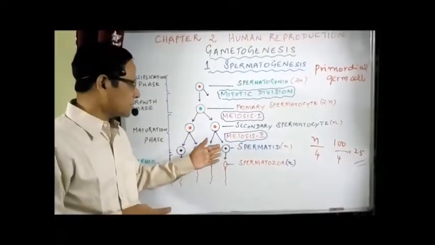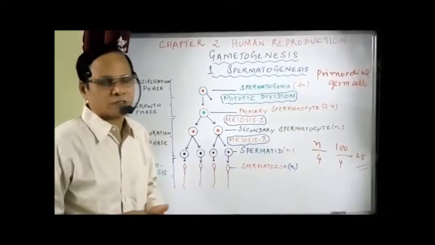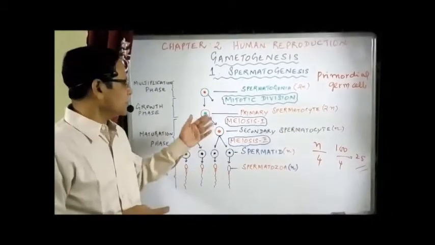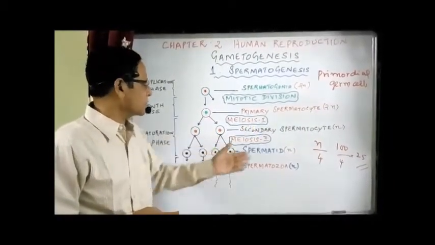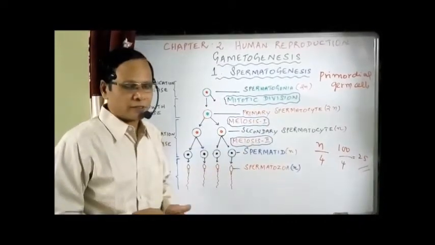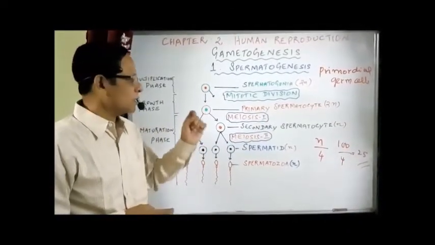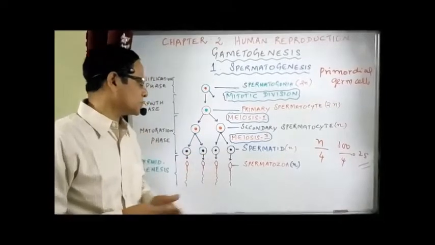To form 100 spermatids we need 25 primary spermatocytes, because from each one we have 4 spermatid cells.